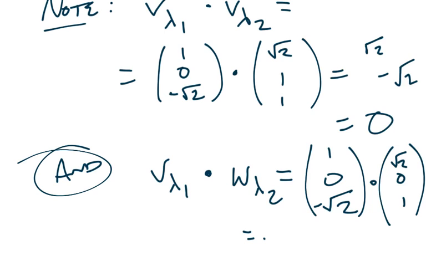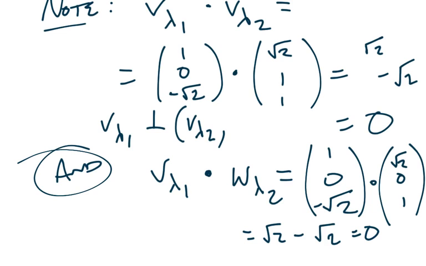And this again is root 2 minus root 2, which is 0. So that's great. Now, I promised you that we would be able to find an orthonormal basis of eigenvectors for A. So it looks like we're on a good path here. v lambda 1 is orthogonal to both v lambda 2 and w lambda 2. So this is looking good.